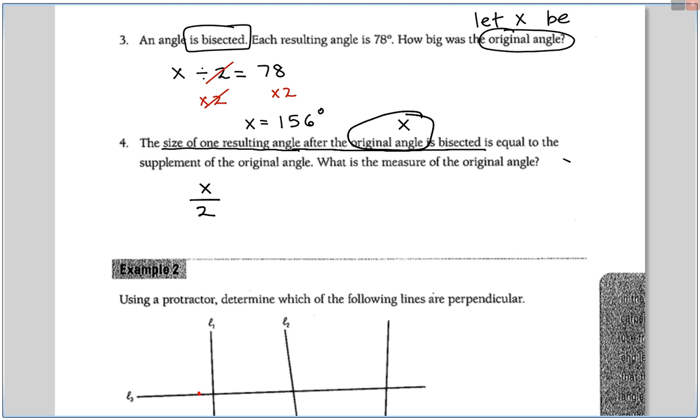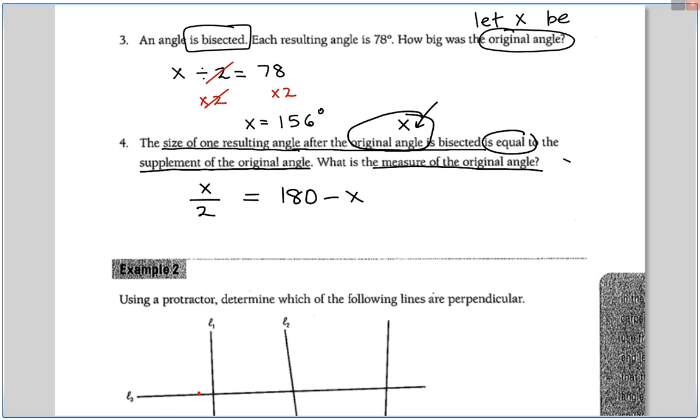So the original angle is bisected, and it says it's equal to the supplement of the original angle. So the supplement of the original angle is 180 take away x. Now then it says what is the measure of the original angle, which is x. So here we have to solve for x.